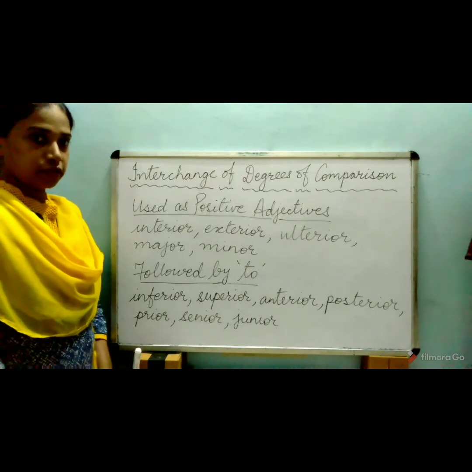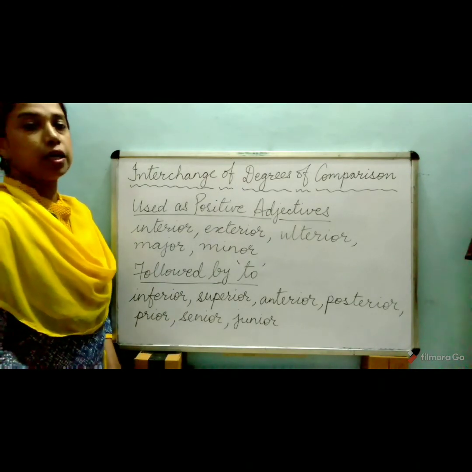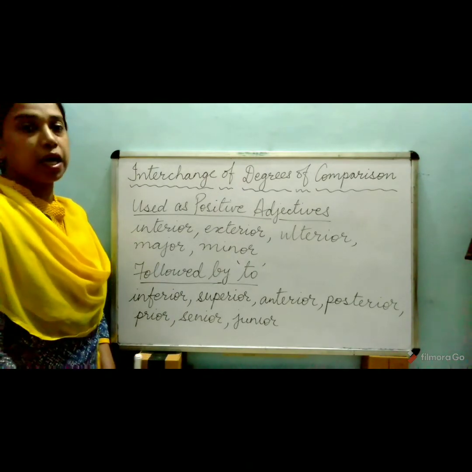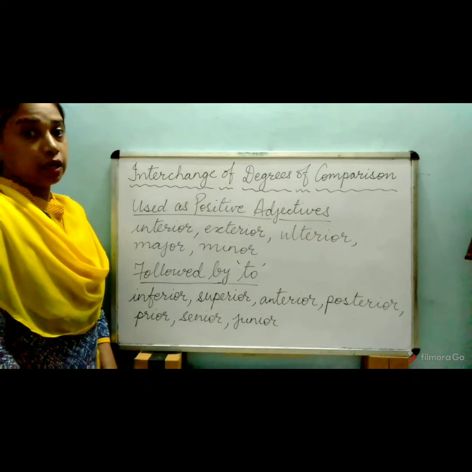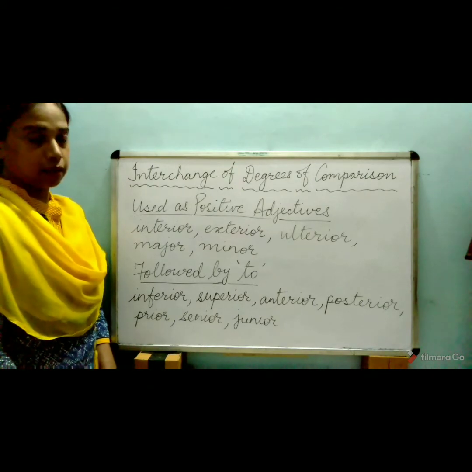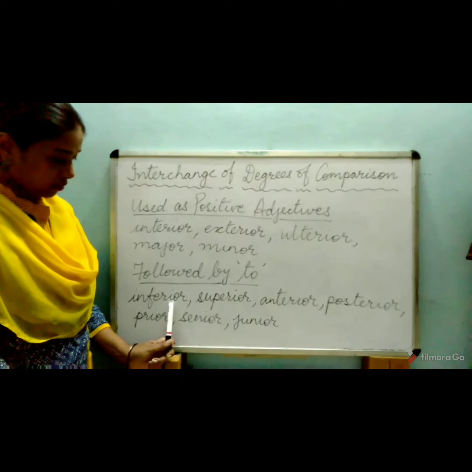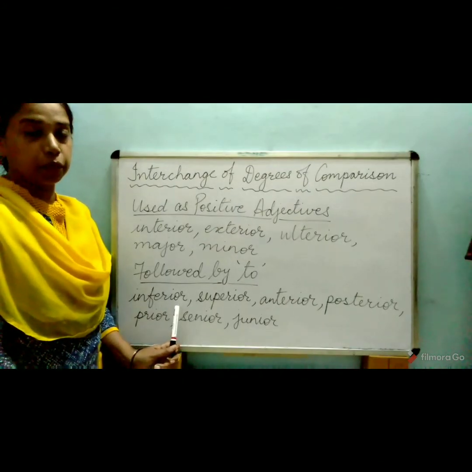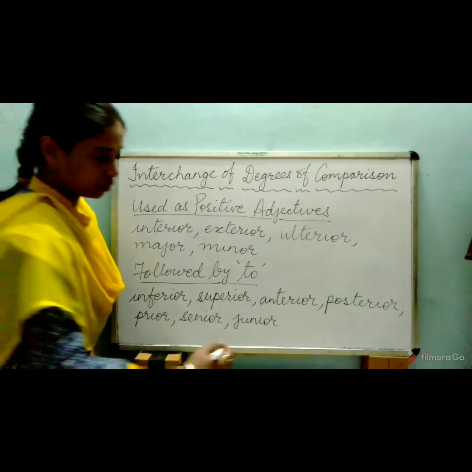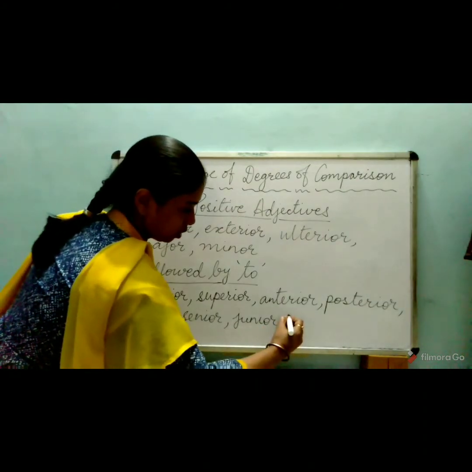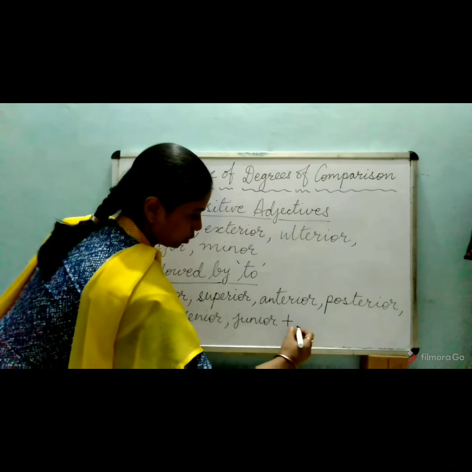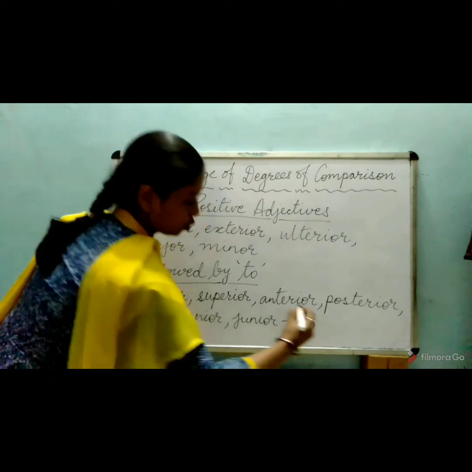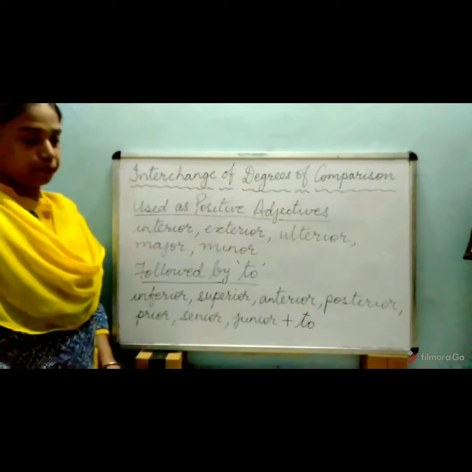Now there is one difference here, children. Earlier I had told you that comparative adjectives are mostly followed by than. But these 7 words ending in OR are followed by the preposition to instead of than.